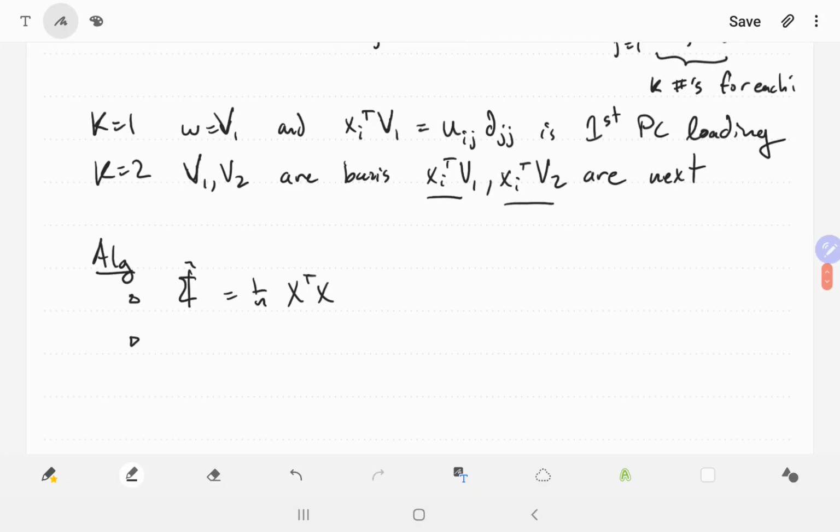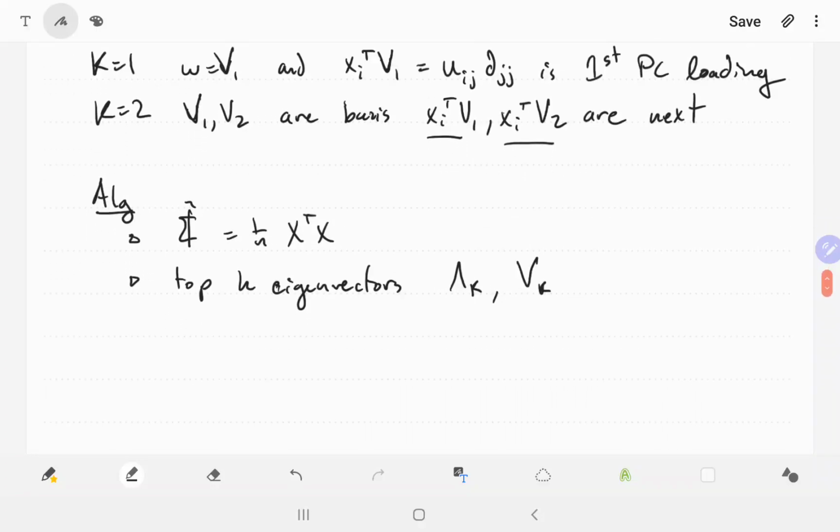And then we need the top k eigenvectors and their corresponding eigenvalues, which would be lambda hat and v sub k of this.